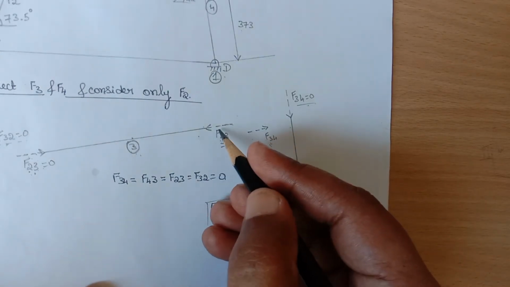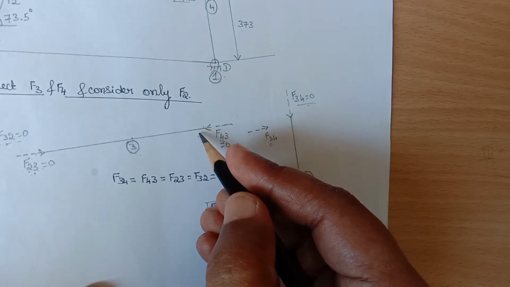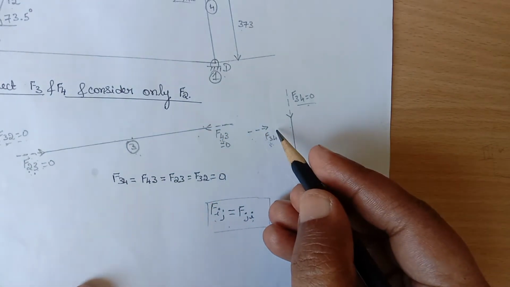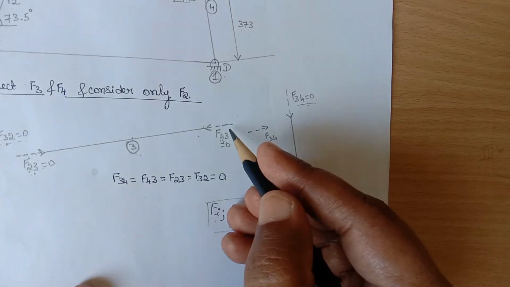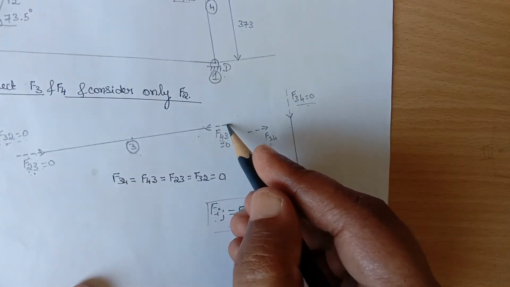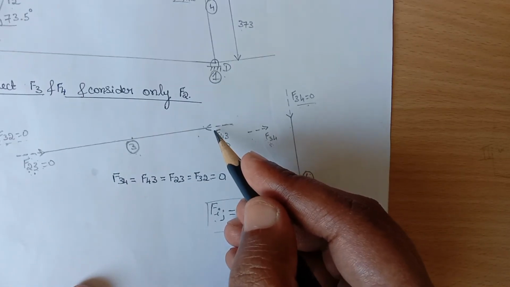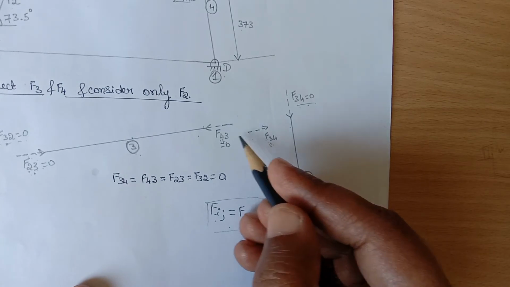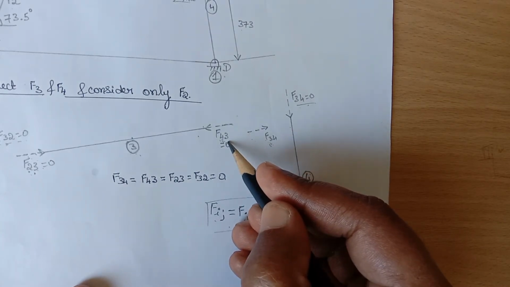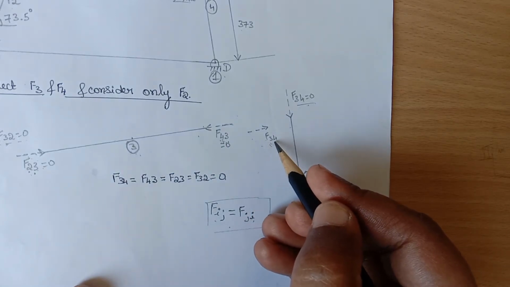This is the direction of F34. So therefore, this is F43, this is the direction of F43. F34 should be opposite to this F43. So hence I am showing that one like this.